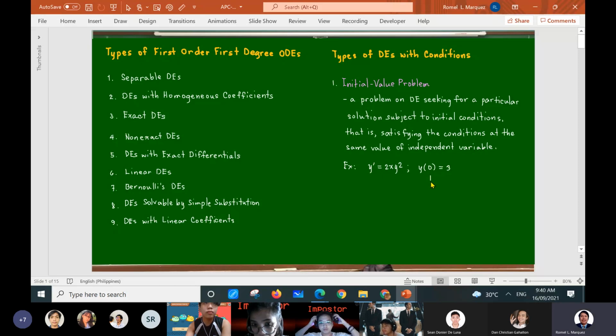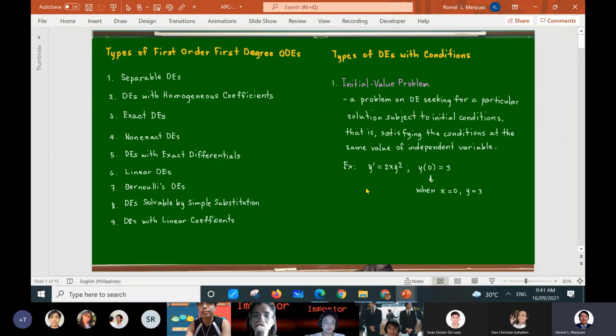This means when x is 0, the value of y is equal to 3. If it is a first order, first degree ordinary differential equation, you are going to impose only one condition. So automatically, if there is only one condition, it is an initial value problem.